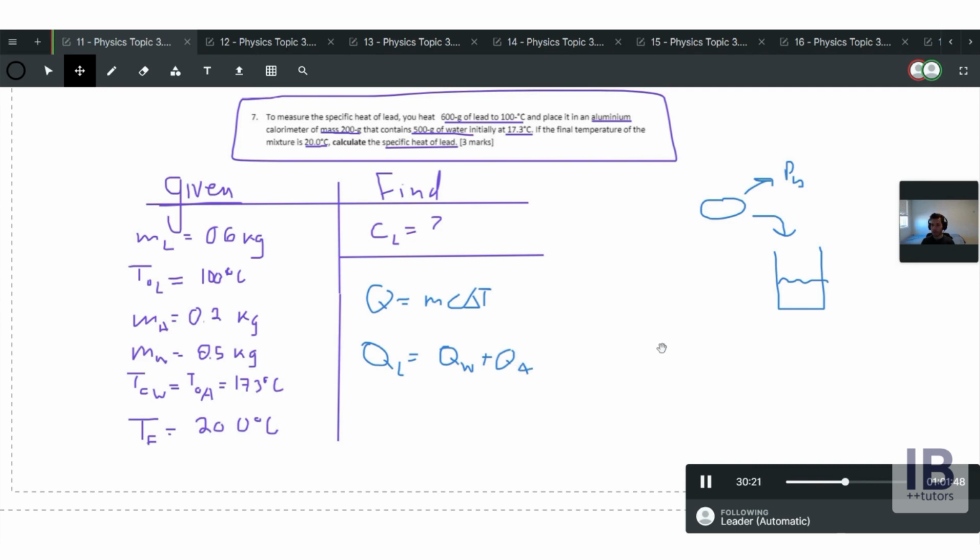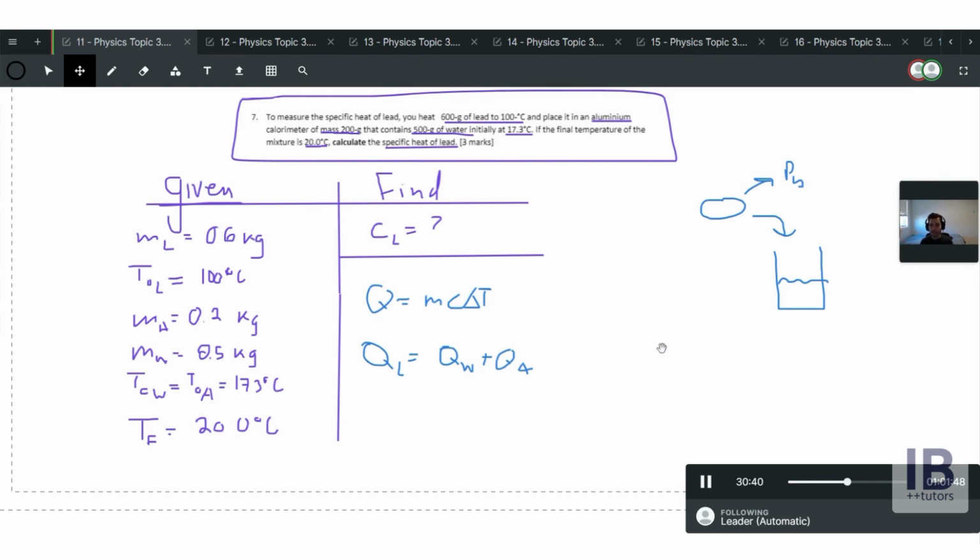Because the system has a super hot object, lead, that you're connecting with 2 other objects, water and aluminum. And energy is never created, never destroyed. It is only transformed, which means that there's no other heat source in this question.